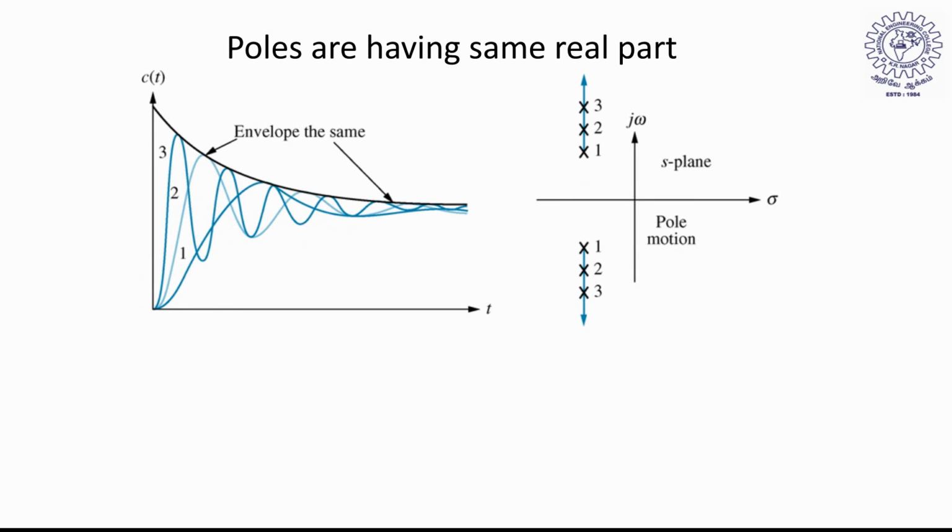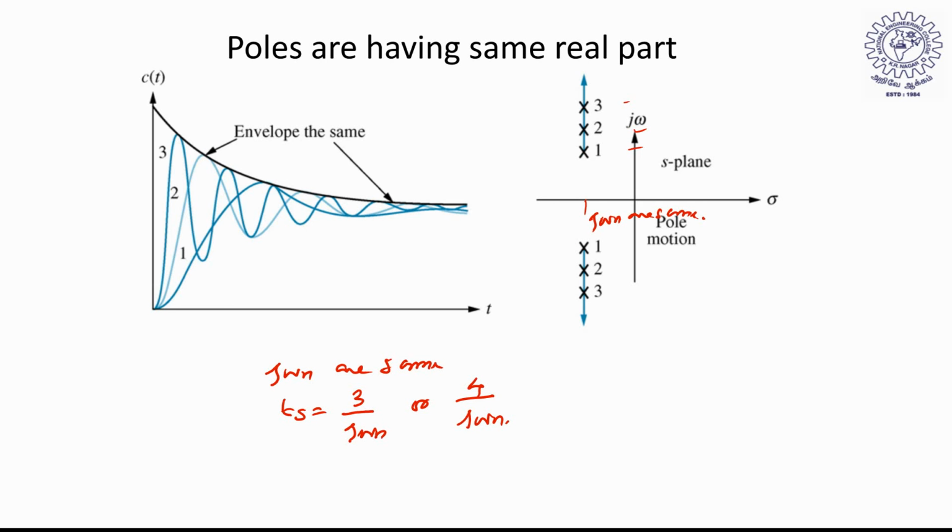So here we can consider the systems have the same real part, that is, their zeta omega n are the same, but they differ in their omega d. If zeta omega n are the same, what is the indication? Your settling time, which equals 3 by zeta omega n, or we can consider 4 by zeta omega n.